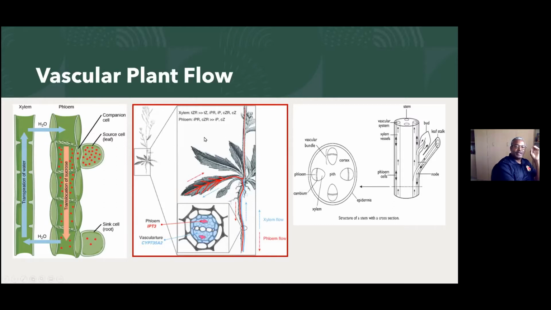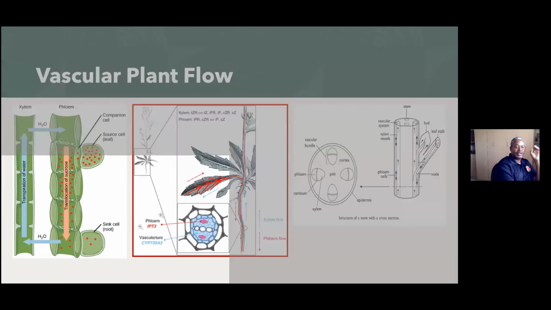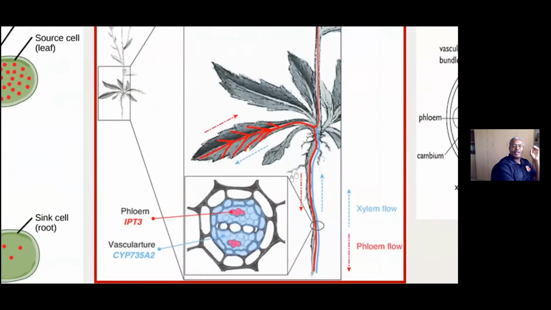This second image here, you could see the blue line, which represents the xylem flow, and the phloem flow being red. The phloem flows in both directions. That's why you see the arrow pointing down, and you see the arrow pointing in and up.